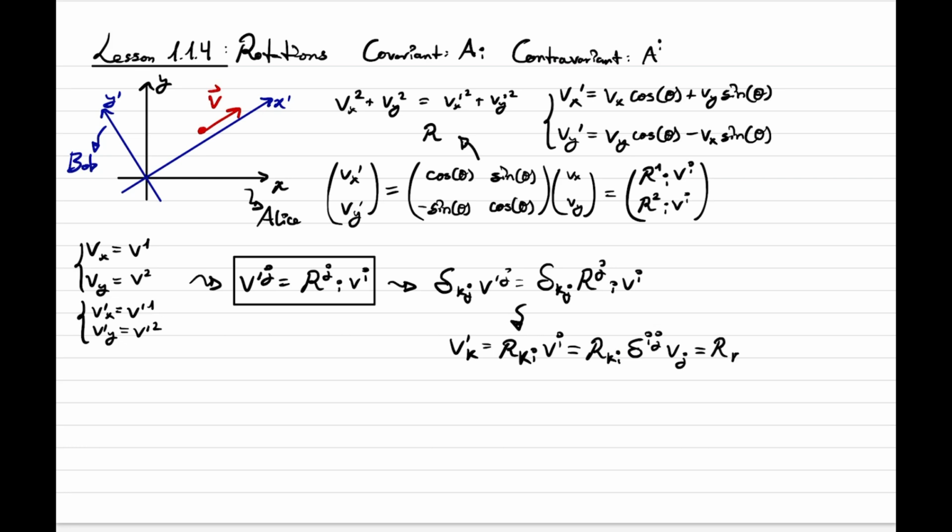And this is simply δ_kj V^j. So we have found our transformation law, which is simply V'_j equals R^k_j V_k. We have arrived at the transformation law for covariant objects.